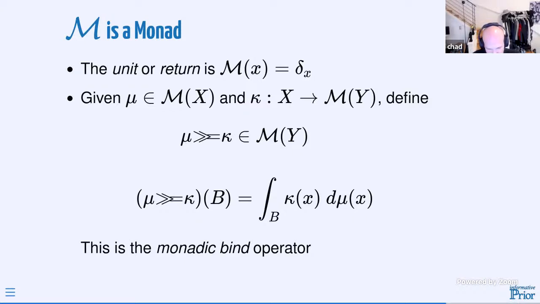So I think what we should do, I think we need to pull that back through kappa. Yeah, there's a subtlety here. I think what we need to do in this case is pull this, instead of integrate over B, integrate over kappa inverse of B. But I'm hesitating because I might be missing a subtlety there.